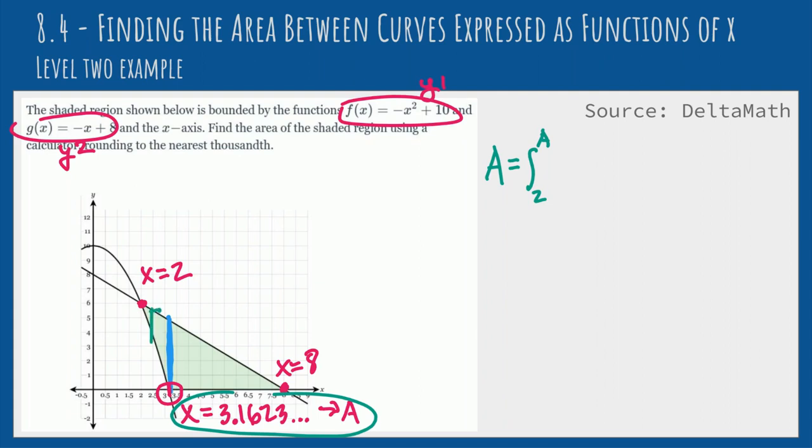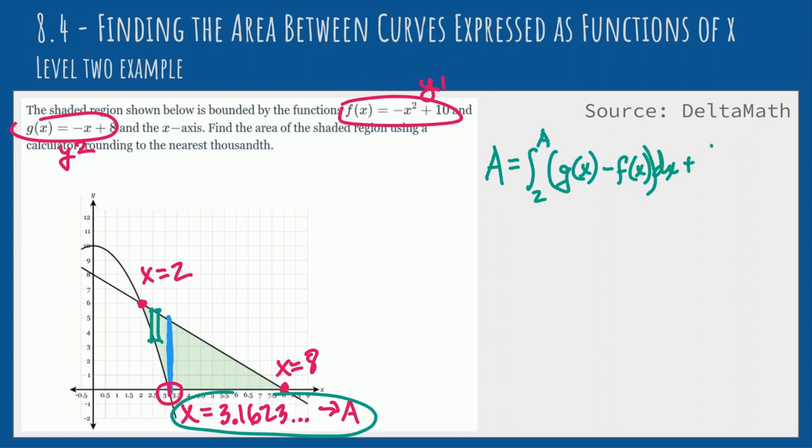And on that interval, if we imagine a Riemann sum rectangle, the upper function is that line, which is g of x. We could also put in here just negative x plus 8 if we wanted to, minus the lower function, which is f of x. And don't forget that differential with our integral. And I forgot a parenthesis in there.